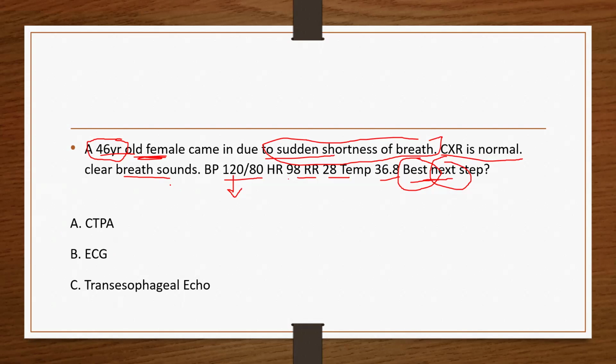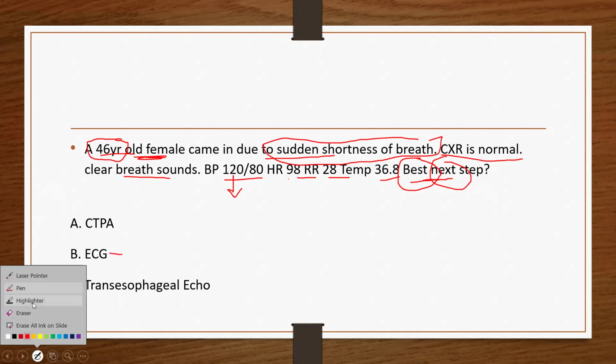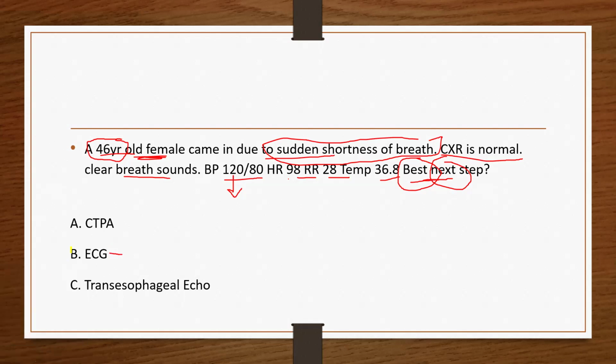So we should always be safe doctors as well as competent safe doctors. So here the best next step would be doing an ECG to exclude an MI. After that, if it's normal, no problem, you can also see changes of pulmonary embolism there. Then you can go ahead with the CTPA. Okay, so that's how you approach this question.